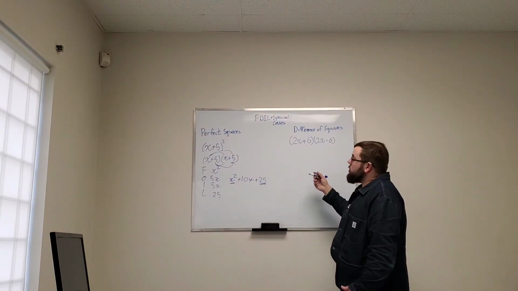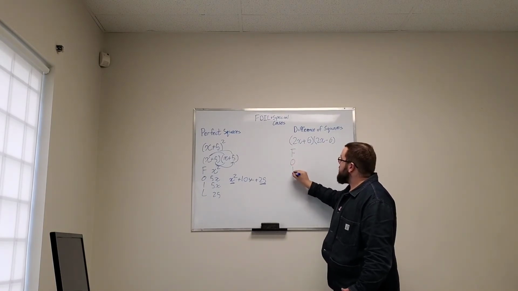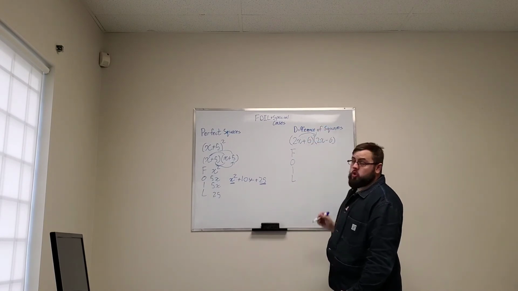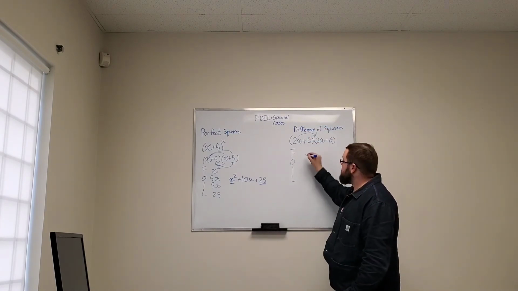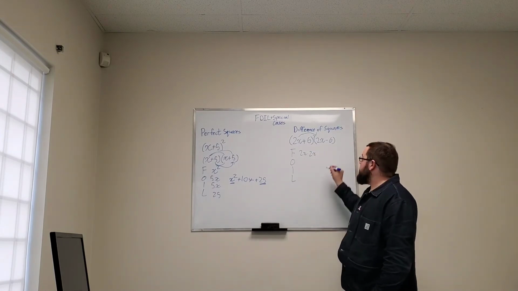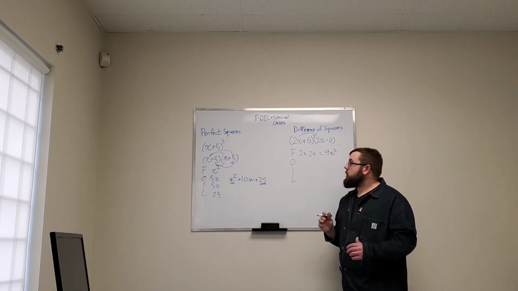Now again, we'll go by it with foiling first. Let's see what happens here. So first is 2x times 2x, which is 2 times 2 is 4, x times x is x squared.